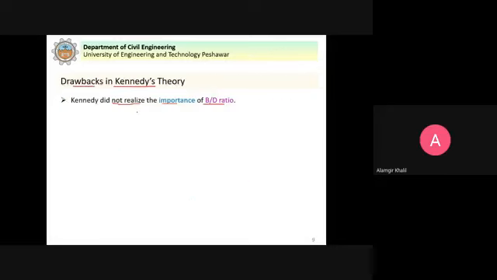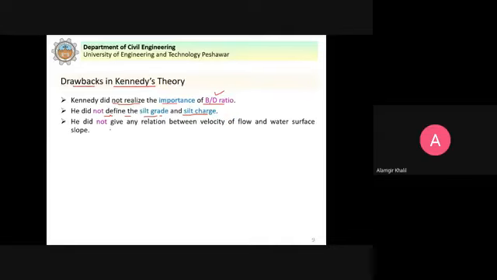So Kennedy did not realize the importance of B by D ratio. He did not define the silt grade and the silt charge. He did not give any relation between the velocity of flow and the water surface slope.